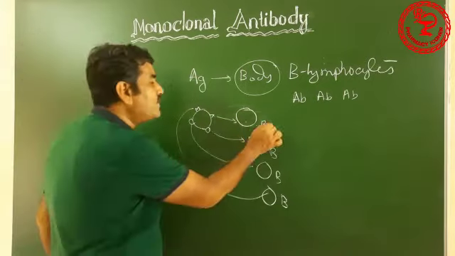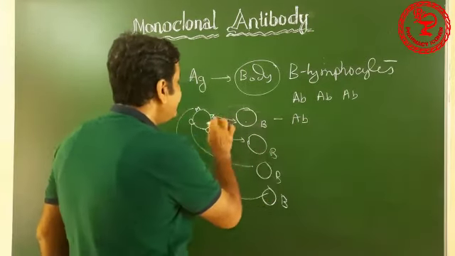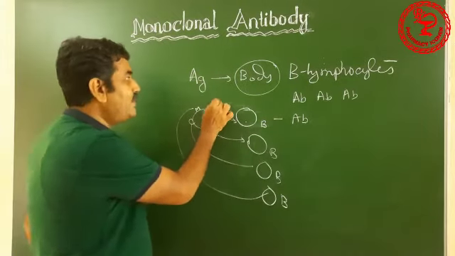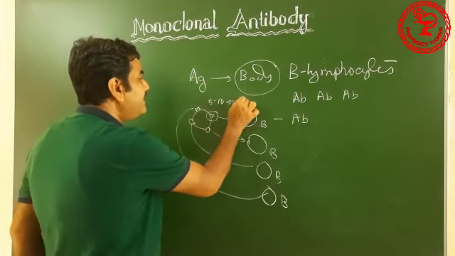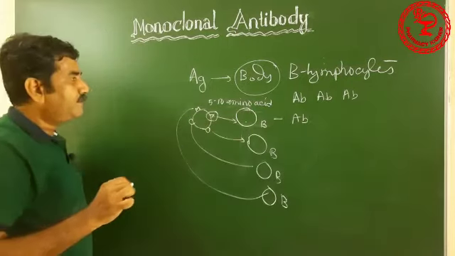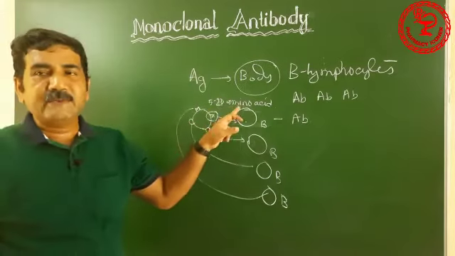This B lymphocyte will specifically produce antibody against this antigenic site, which is a 5 to 20 amino acid sequence.